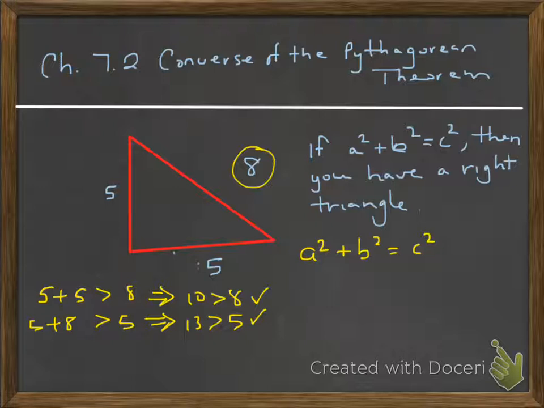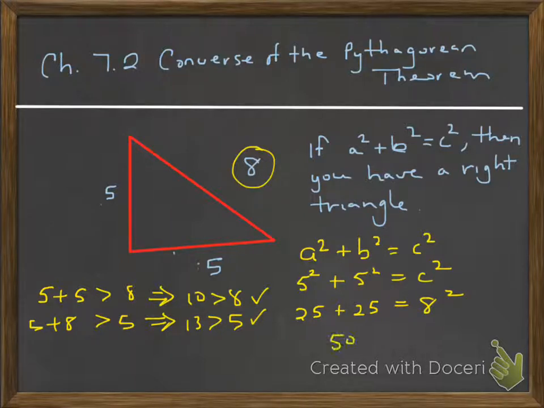With that being said, we know that this does create a triangle, so let's see if it is a right triangle. What I would do is simply put in 5 squared plus 5 squared is equal to c squared. So 5 squared is 25, plus 25, is equal to 8 squared.